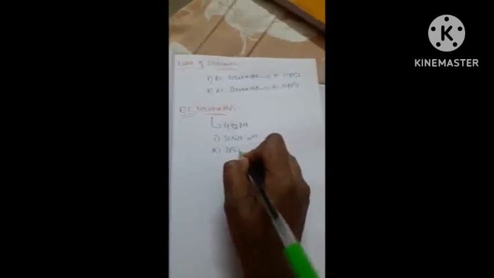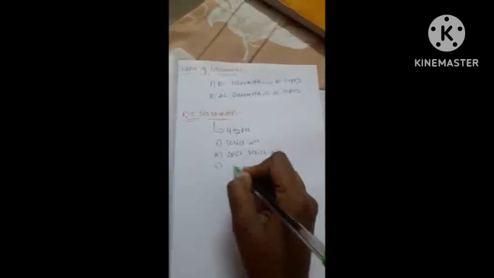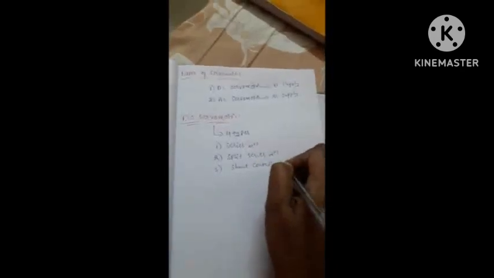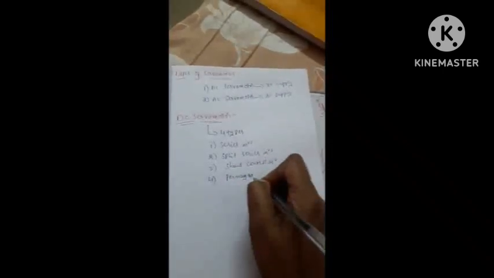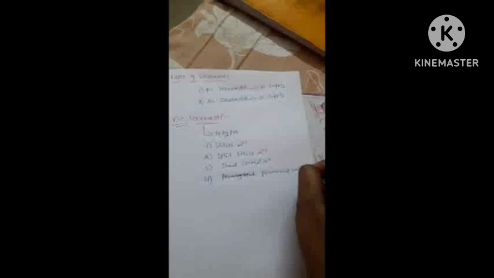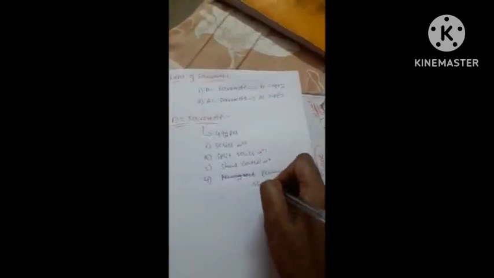First one is series motor, second one is split series motor, third one is shunt control motor, and last one is permanent magnet shunt motor.